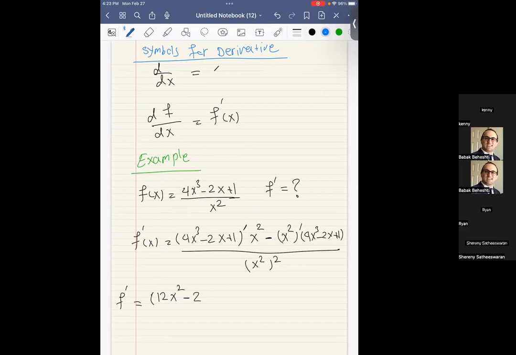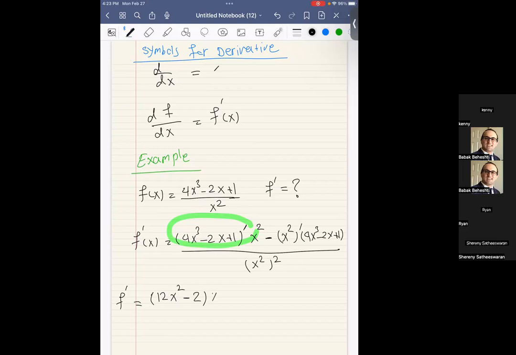And the same thing for 2x. The derivative of 2x is 2 times the derivative of x. That is 1, so it's just 2. And the derivative of the constant 1 is 0. Okay? So we computed this part. I just wrote this part, which is 12x squared minus 2.